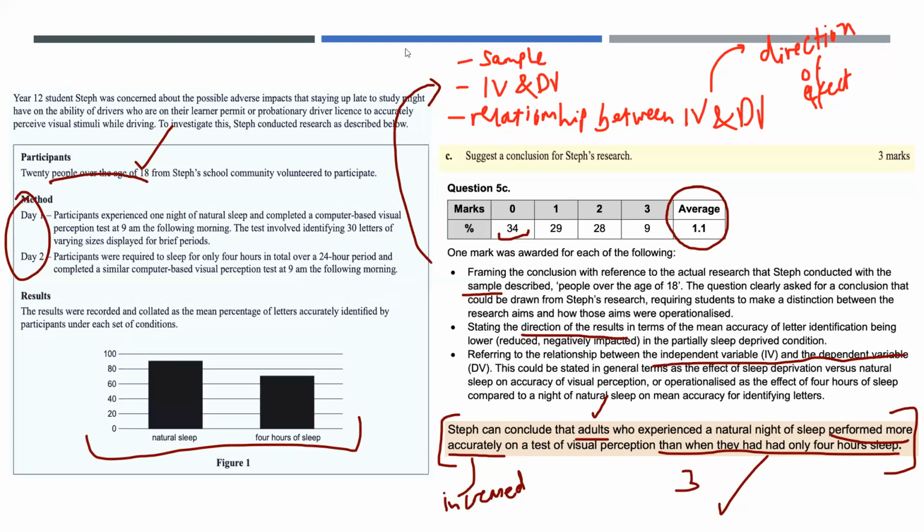So if I said having a natural night of sleep would lead to a higher percentage of words that are recalled, or a higher percentage of letters that are accurately identified, I'm indicating a relationship between the IV, which is the sleep amount, and the DV, which is the percentage of letters accurately identified. So just talking about how the IV affects the DV, that's about it. And we use words like increase, decrease to describe that direction of effect.